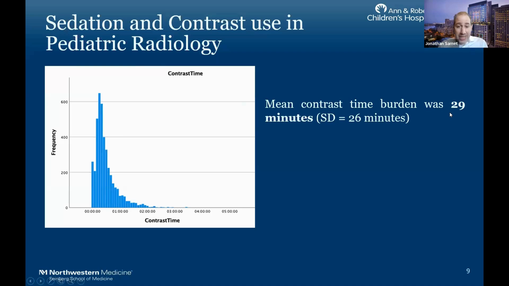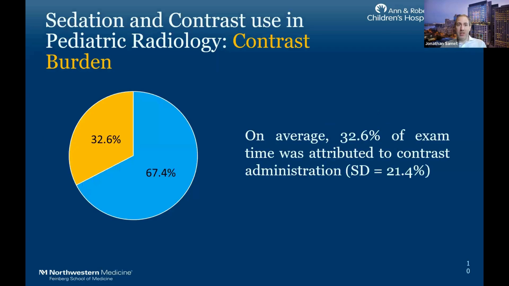So if you inject for any exam, you're adding about 30 minutes. Okay. When you look at the proportion of an entire exam, how much of it was just related to the contrast portion? As it turns out, a third of the exam is related to the post-contrast phases. So a third of the exam.